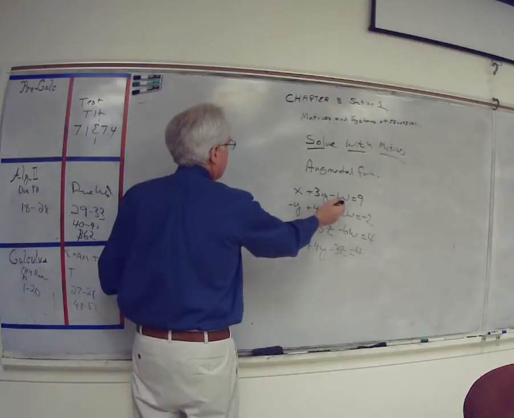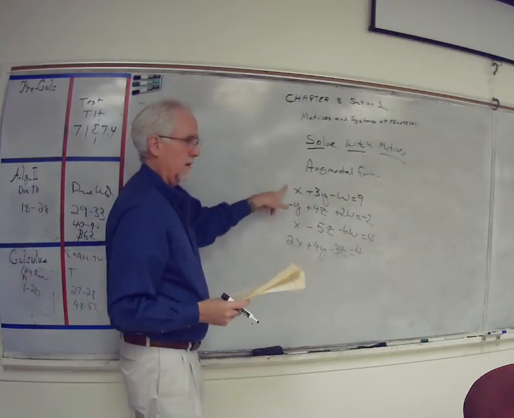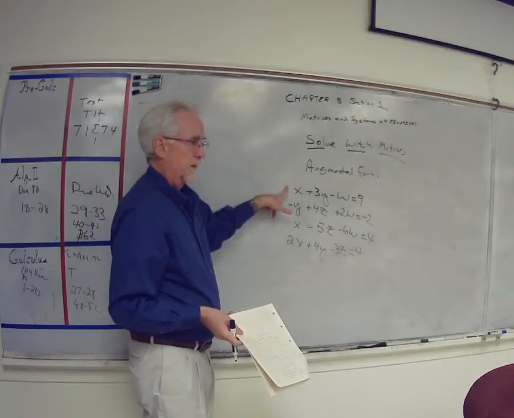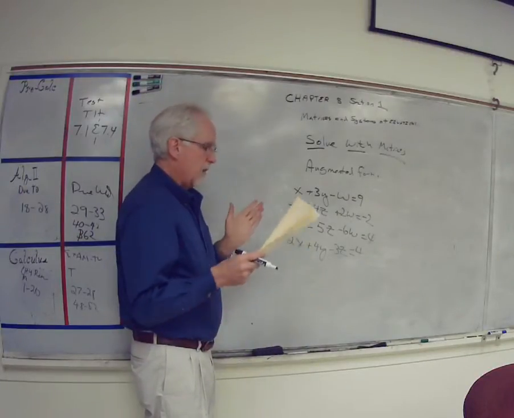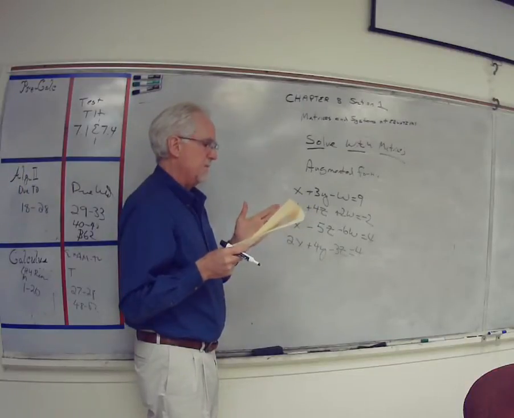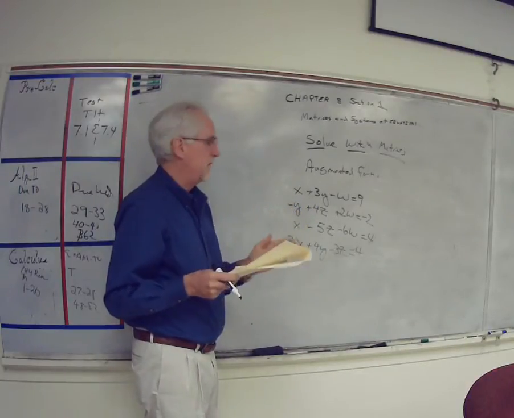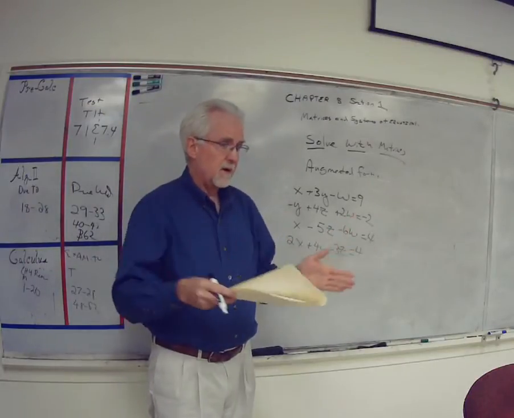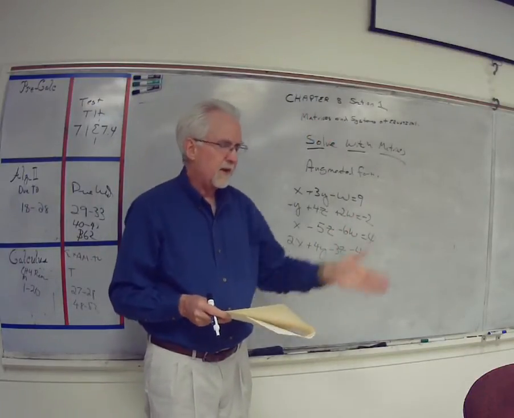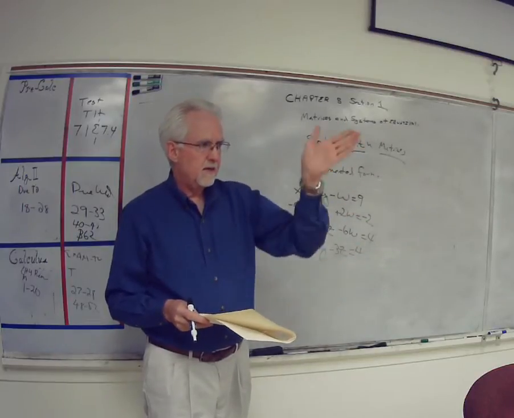This one is missing what? Z. This one is missing what? X. So we've got to put in the missing ones, and put them in order. It doesn't matter what order, but they've all got to be in the same order. So we need to go X, Y, Z, W.